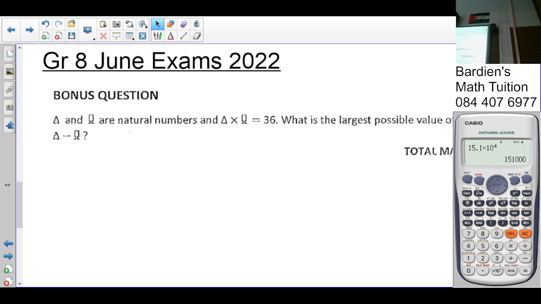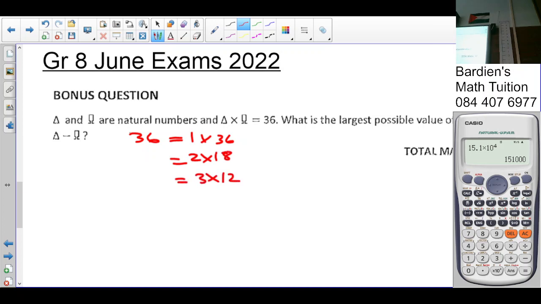So if you're looking at 36, 36 can be written as 1 times 36, 2 times 18, 3 times 12, 4 times 9, 6 times 6. So that relates to the product. So what is the largest possible value?